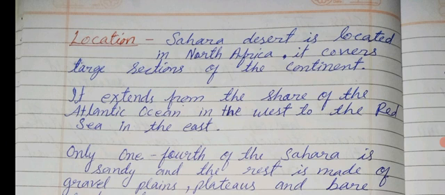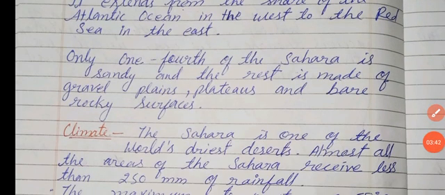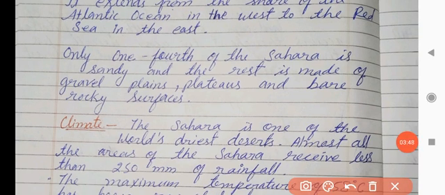It extends from the shore of the Atlantic Ocean in the west to the Red Sea in the east, and the next point given is that only one fourth of the Sahara is sandy, and the rest is made of gravel, plains, plateaus, and bare rocky surface. So this is the most important point about the location of Sahara.